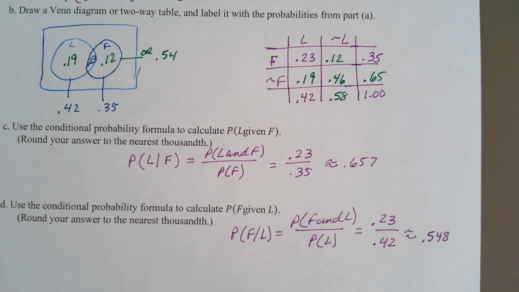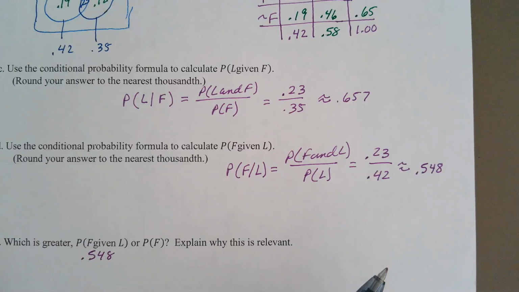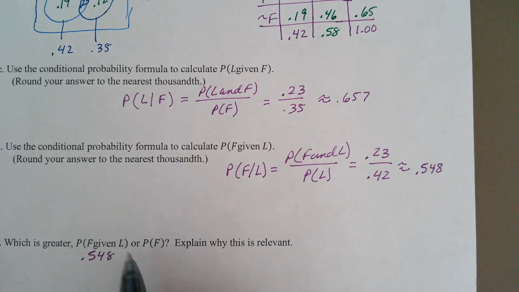Which is greater? The probability of F given L was 0.548, and the probability of F is 0.35. So the probability of F given L is greater.